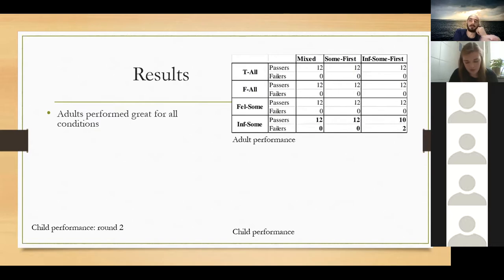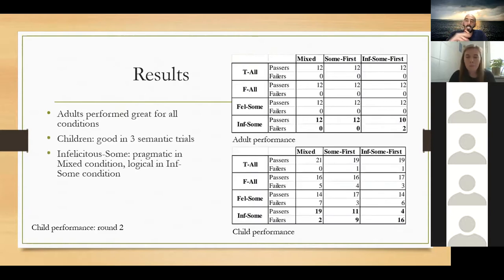So let's look at the children's results, which are more interesting. We can start with the true all trial. For the true all trial, you see that in each condition, the children were really good. And also for the false all trial and the felicitous sum trial, the results were rather the same.